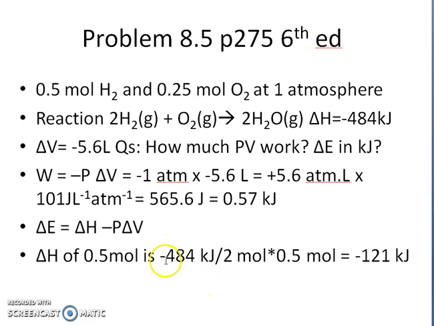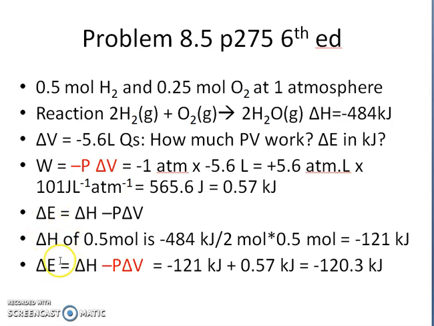So we have minus 484 kilojoules for 2 moles of hydrogen multiplied by the amount of hydrogen that we have, which is 0.5 moles. That gives us a value of minus 121 kilojoules. So this value of minus 121 kilojoules is for half a mole, 0.5 moles, of hydrogen.